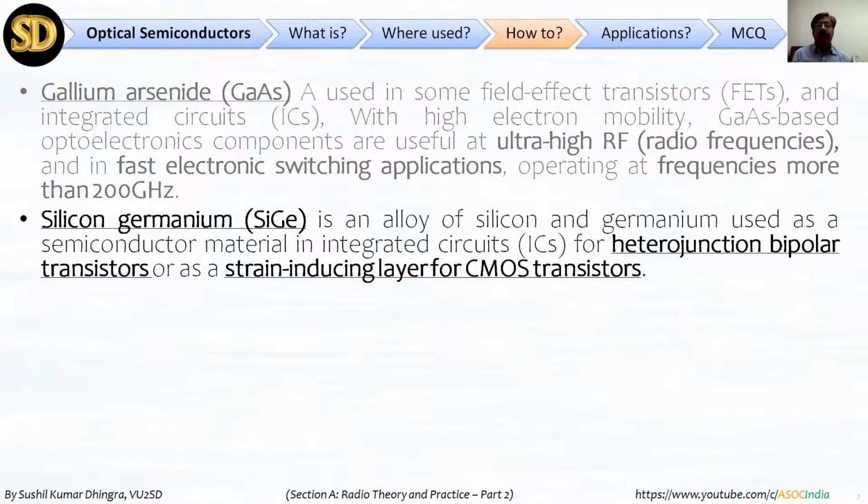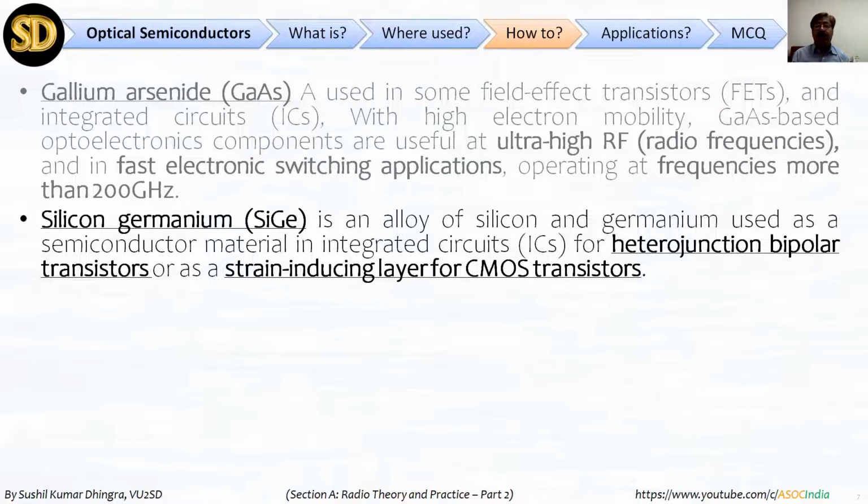So silicon germanium is a combination of silicon as well as germanium. Both can work together and can be used as material in ICs, integrated circuits, and heterojunction bipolar junction transistors. I had given you a base idea of bipolar junction transistors, but I can't go into so much depth. Even in diodes, I have more than 30 types. But for you, some are sufficient.